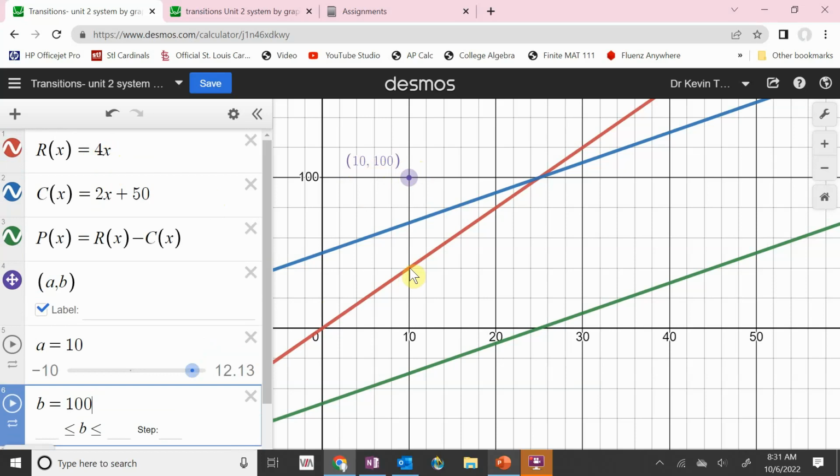That's this point down here. So if you substitute (10, 100) into this equation, you get the statement 100, our y value, equals 4 times 10, 40. 100 equals 40. That's false. So it's false because this point is not on the line. So there we go. There's just a few comments about deciding if a point is on the line or not.